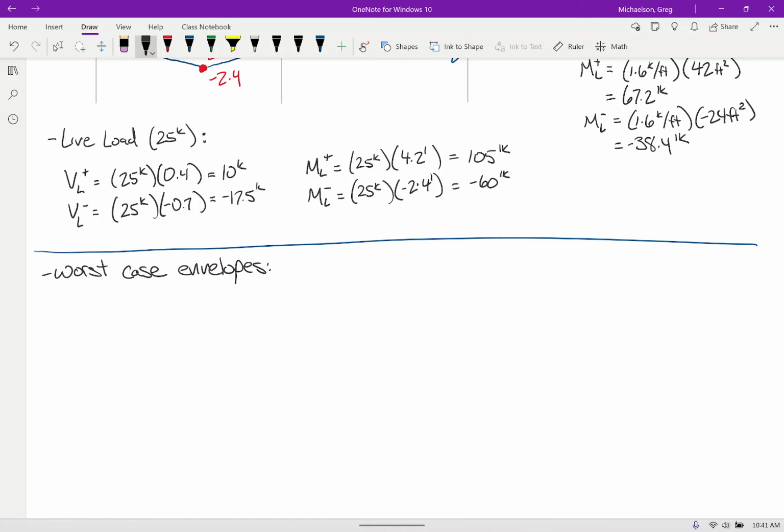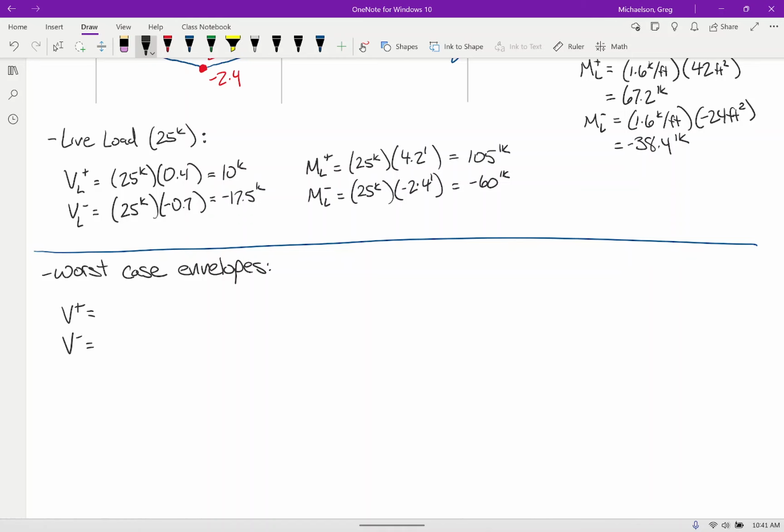Let's talk about our worst case envelopes. I've got a V live load positive, V live load negative, and all this. How do I just figure out the range of shears and the range of moments? So just a V positive and a V negative.